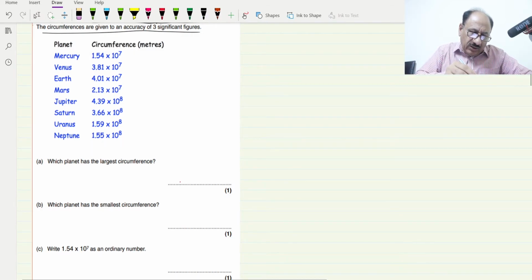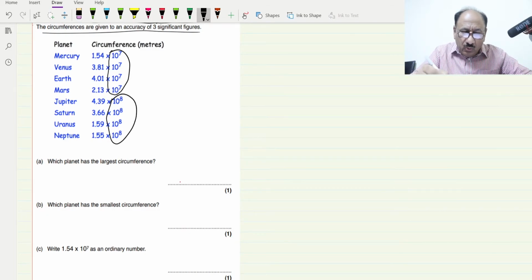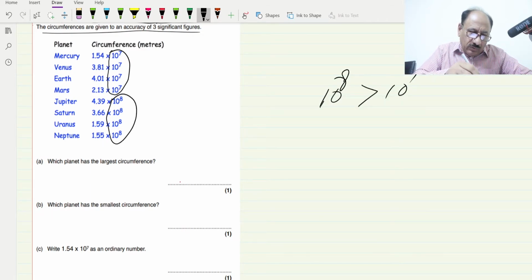Largest circumference: if you check, these are 10 raised to the power 7, and these are 10 raised to the power 8, and we know that 10 raised to the power 8 is bigger than 10 raised to the power 7. So our answer is lying in between these four numbers.